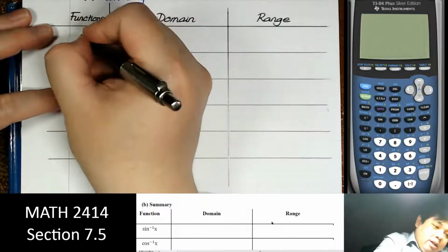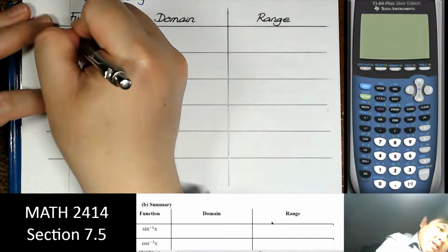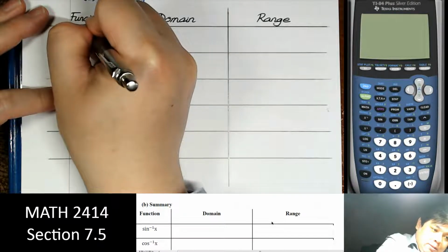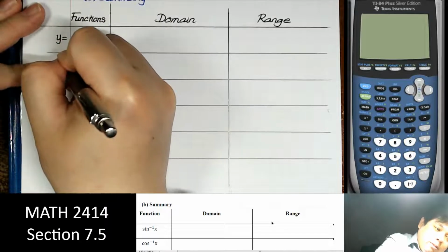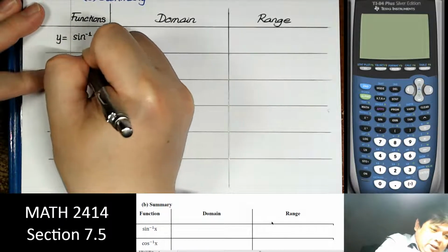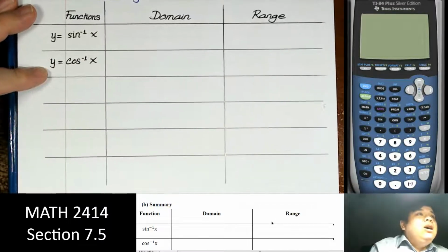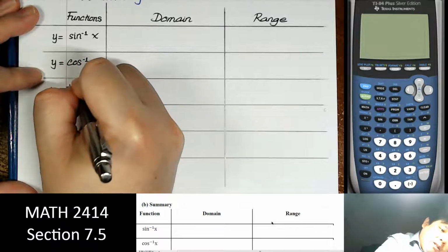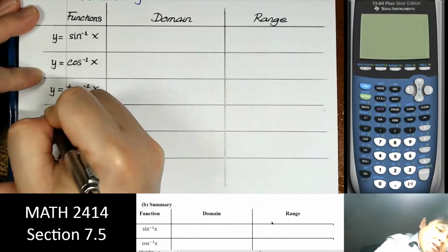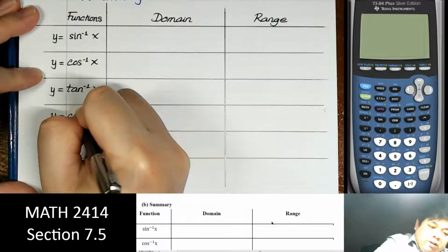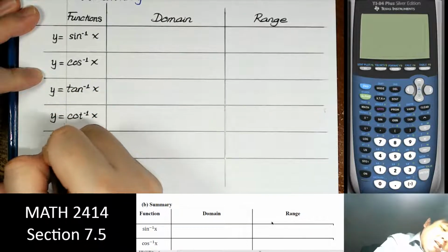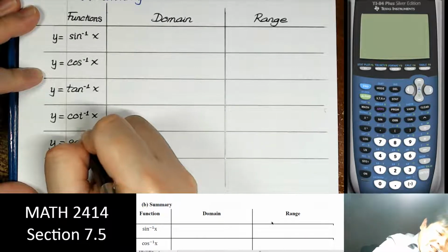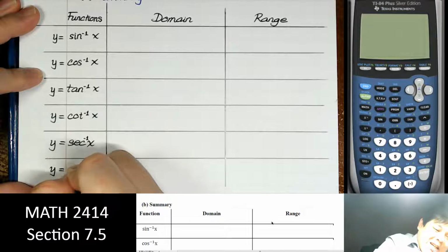So we have sine inverse, cosine inverse, tangent inverse, cotangent inverse, secant inverse, and cosecant inverse.